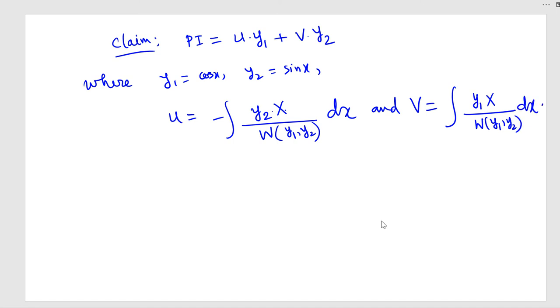Remember, if the Wronskian is 0, then this formula is not applicable. That is why we need it to be non-zero. So this verification is important.